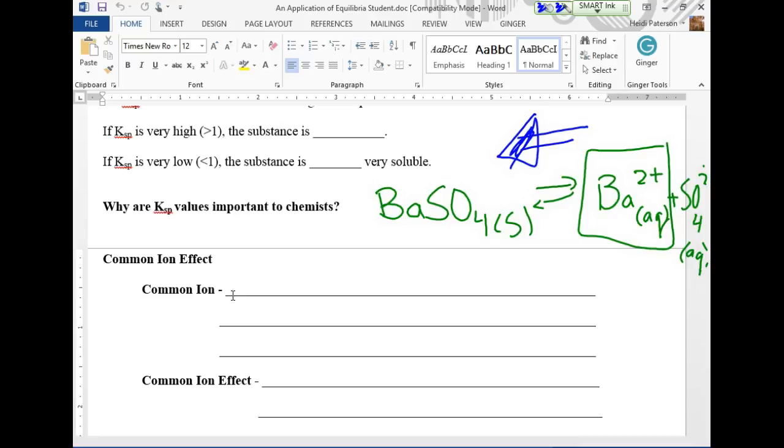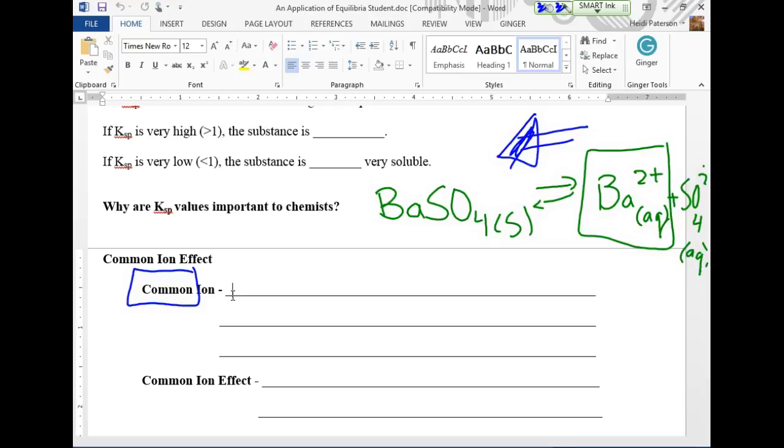So, common ion effect. What do you think that's about? Good assumption. What do you think first when we say common ion? They both share something in common. What does that mean? A similarity.